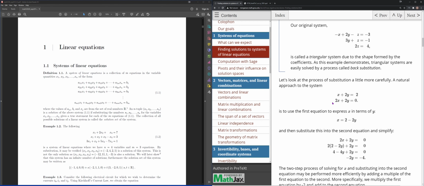So this is one example of a linear system, with two equations in two variables, and the variables here are x and y.